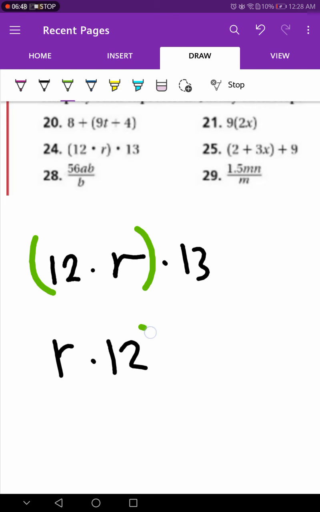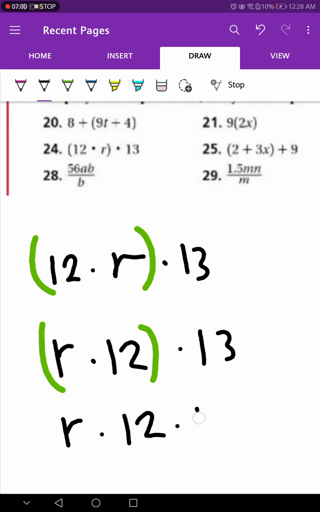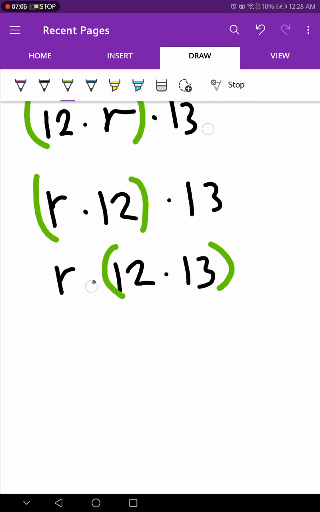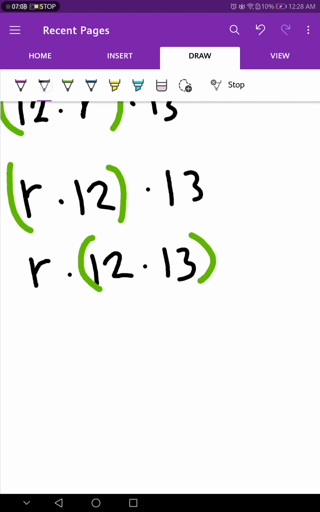Yes, it is correct. Why not? I switch. Then I move the parentheses. Now I move the parentheses, see, and then simplify. I think it is 156r.